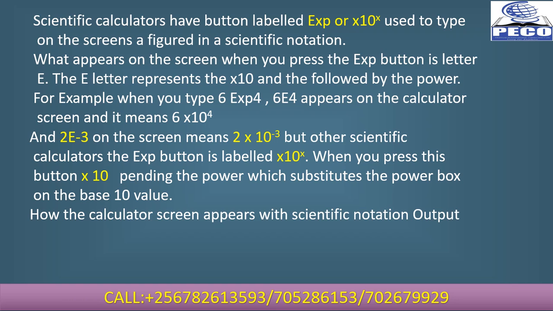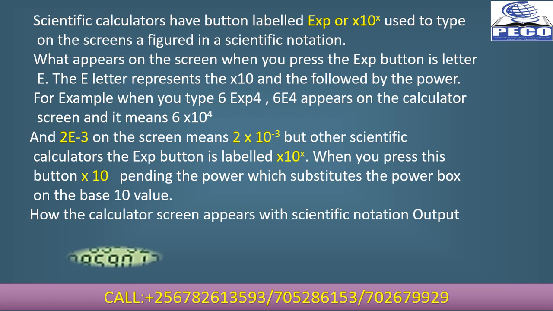Now, we have been looking at how you enter it, but the calculator also gives you a value in scientific notation. If the number is very big, it can give you an answer already in scientific notation. How do you understand that?